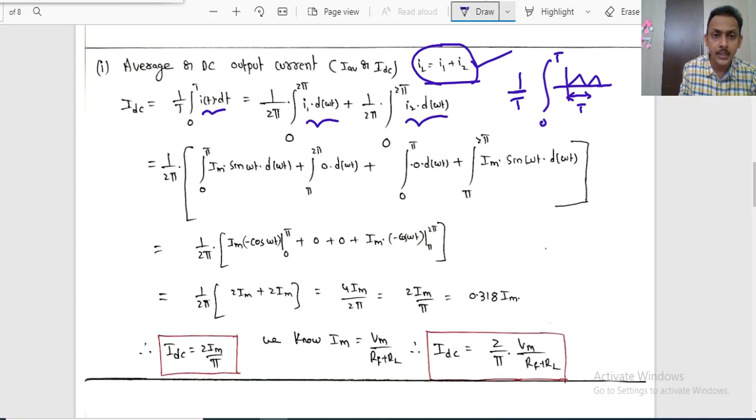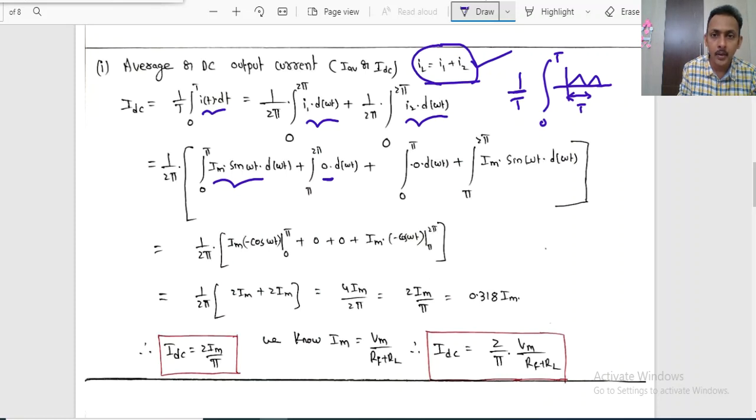From our previous analysis, I1 of t has two parts: from 0 to pi the magnitude is Im sin omega t, and from pi to 2 pi its magnitude is 0. So I1 of t is completed.